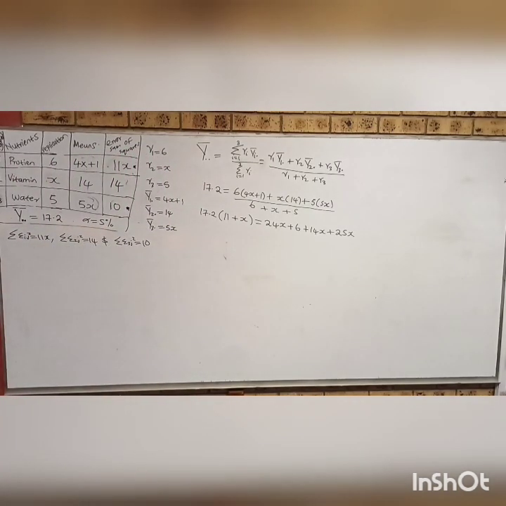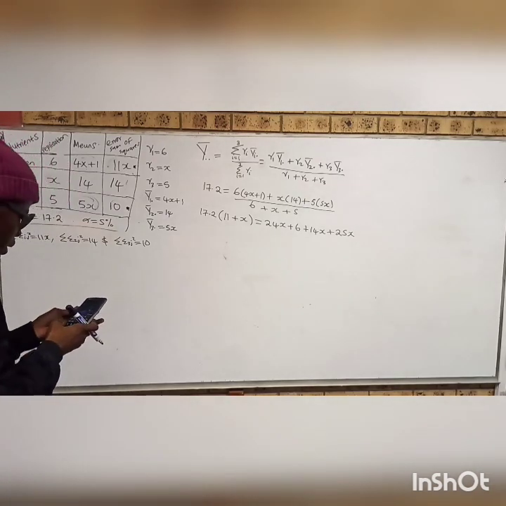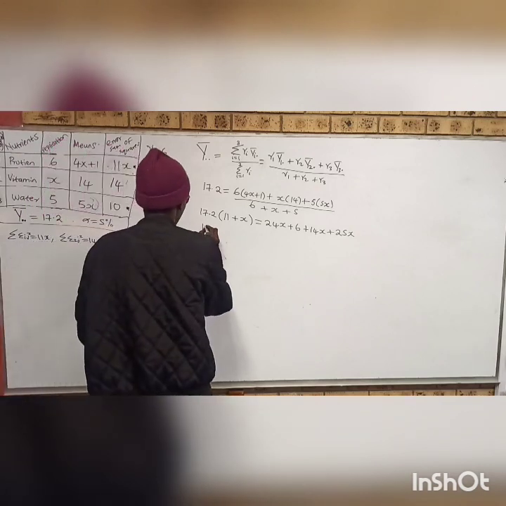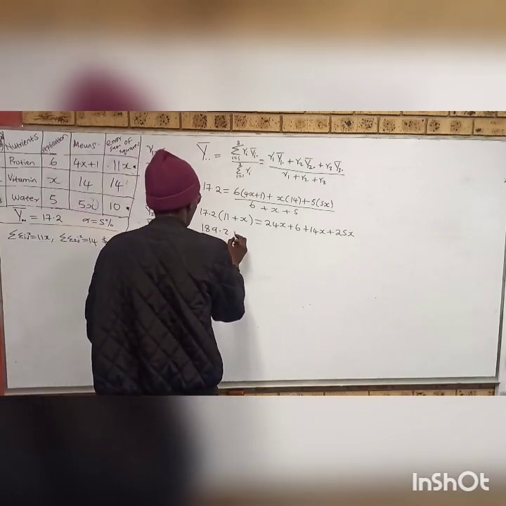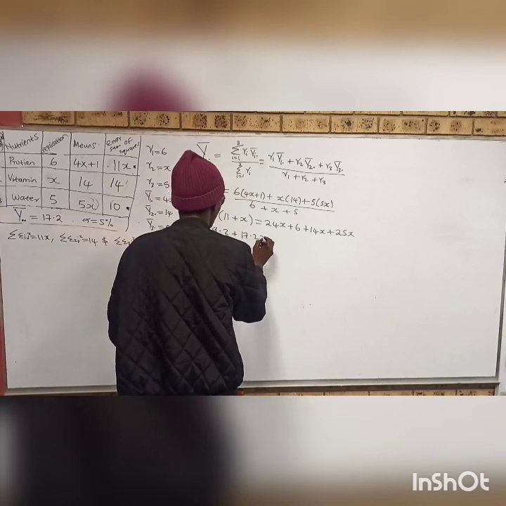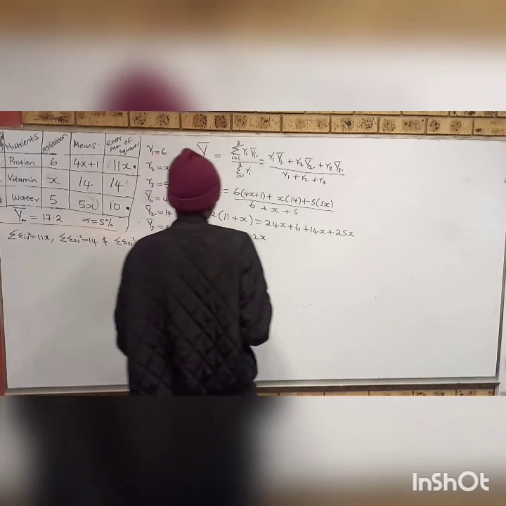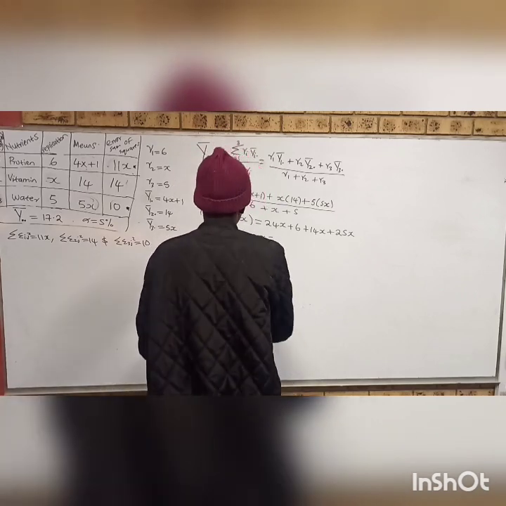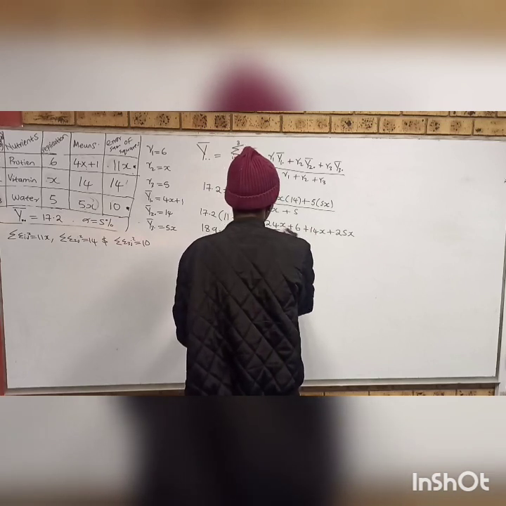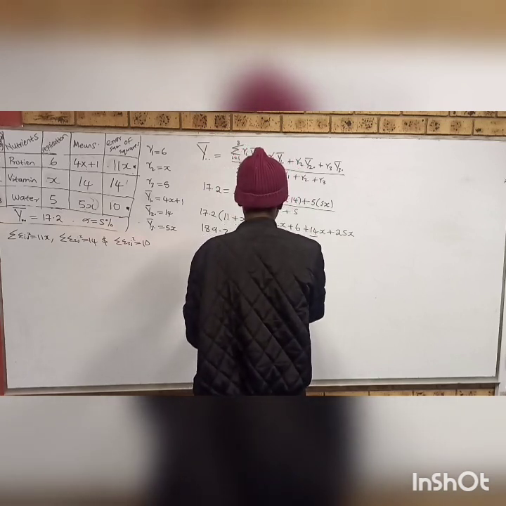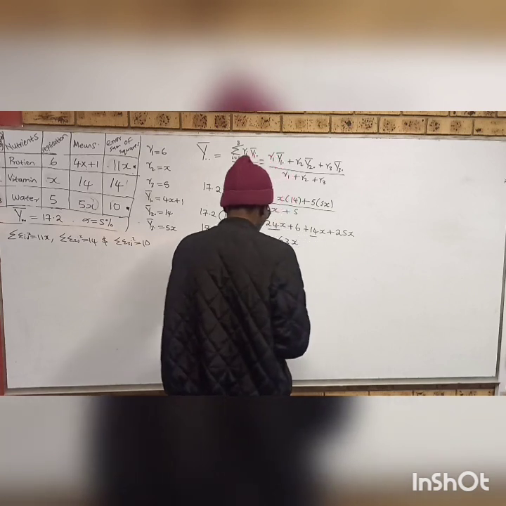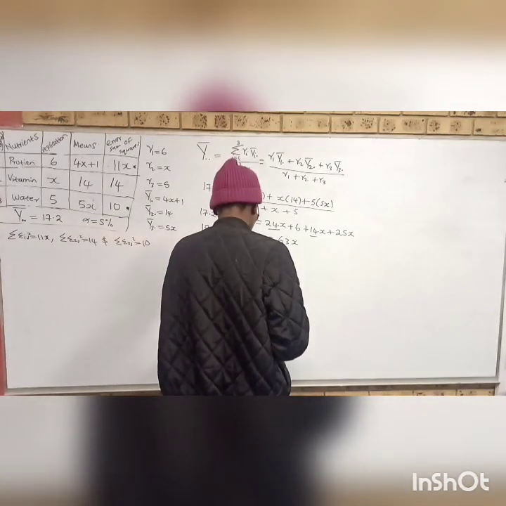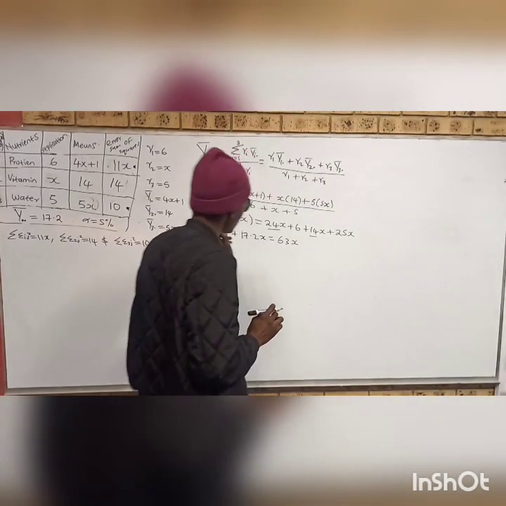Let me confirm if 17.2 times 11 is 189.2. Yeah, it's 189.2, plus 17.2x. Adding these, we have 63x. Let me confirm: 24 plus 14 plus 25, yes, it's indeed 63.